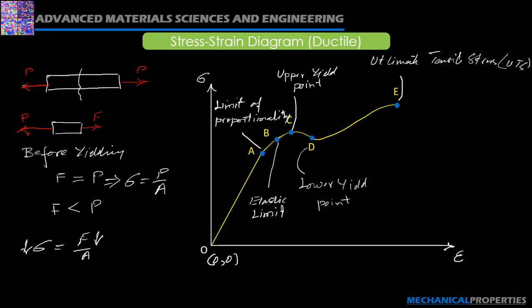Now on further application of the load, the necking is produced in the material, and because of the reduced cross section area the stress is decreasing, but still the strain value is increasing, and at point F the material breaks and fracture takes place.